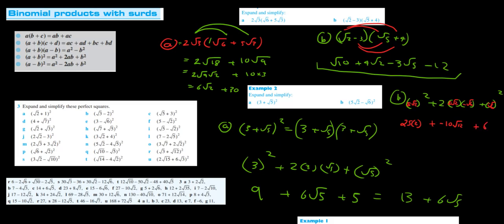Okay, let's work this out then. So we've got 50 minus 10 root 4 root 3 plus 6. So that gives 56 minus 20 root 3.